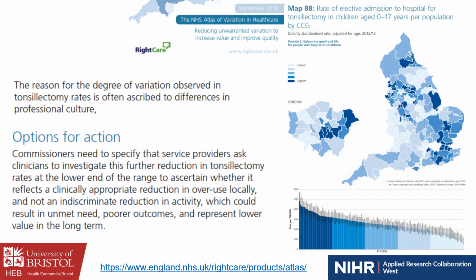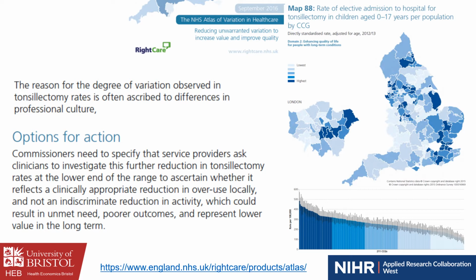The NHS RightCare programme, led by Sir Muir Gray and Philip De Silva, published its first NHS Atlas of Variation, inspired by the Dartmouth approach, in November 2010. The 2016 edition of the Atlas was published with Public Health England. Here we show the directly standardised rate of elective admissions for tonsillectomy in children at CCG level in 2012-13.